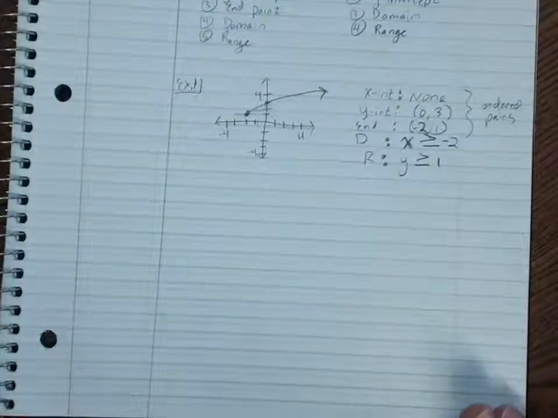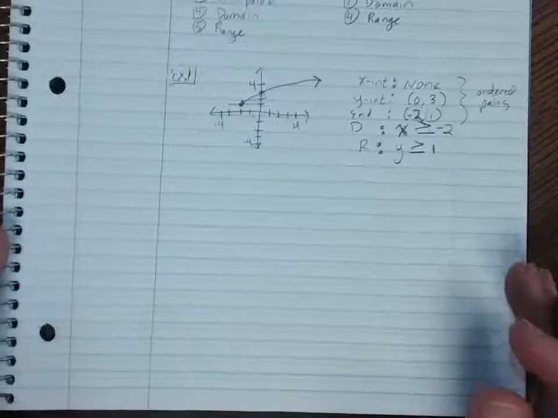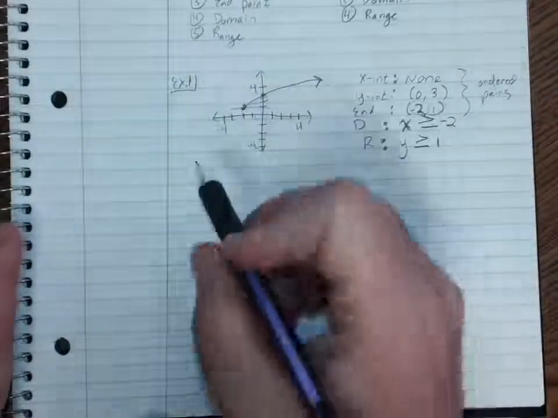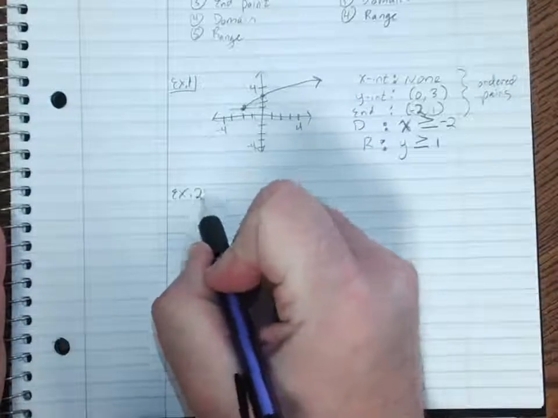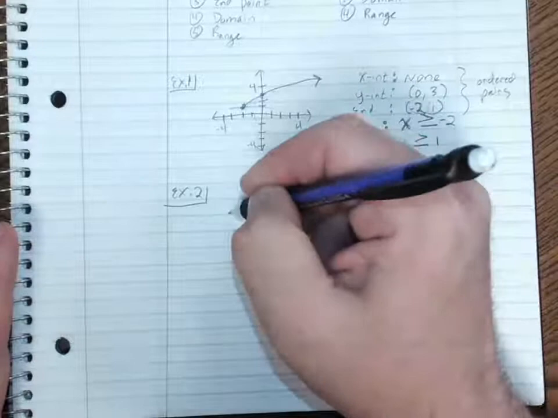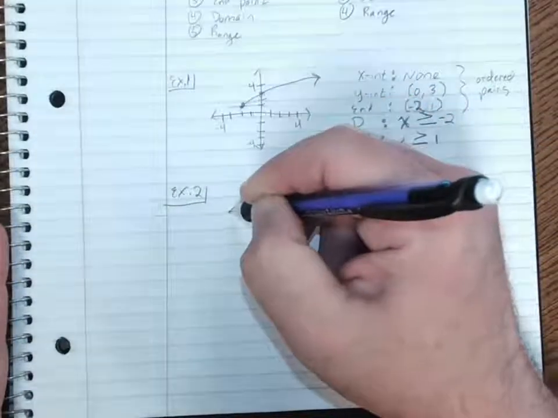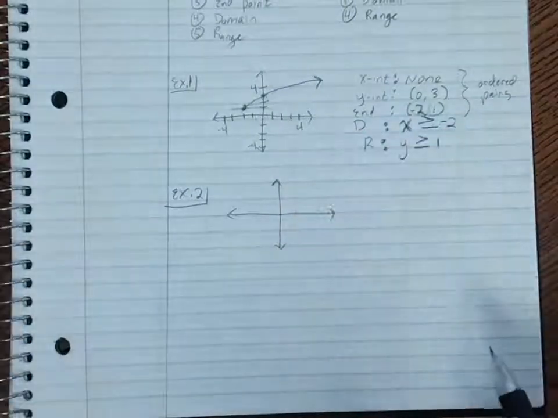Let me show you another one so that you have another example to go off of here. Let me get my book straight. So here's example 2. And I realize that these graphs are not fabulous.